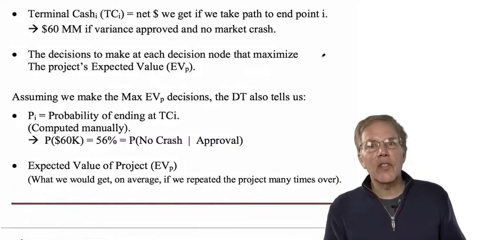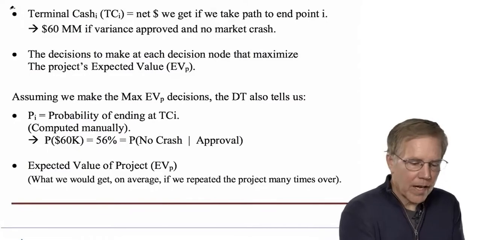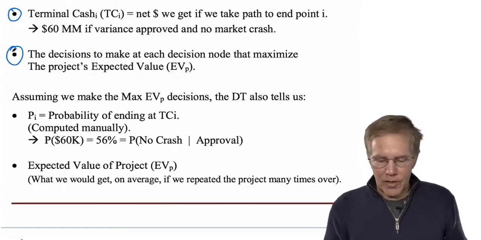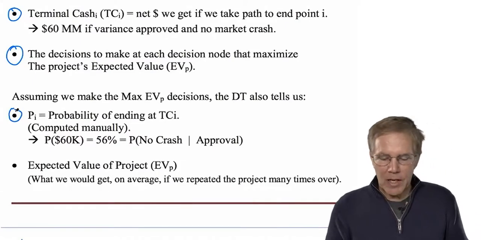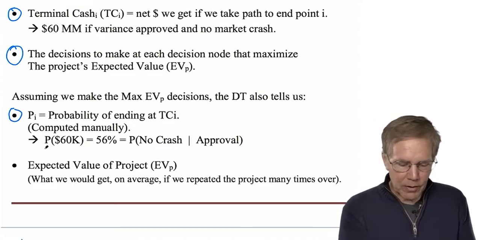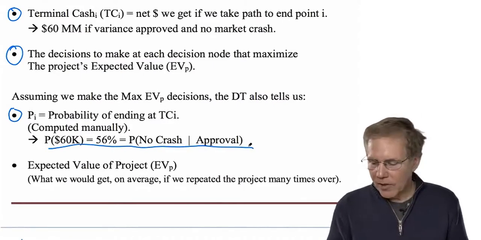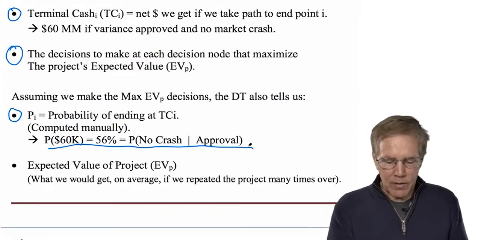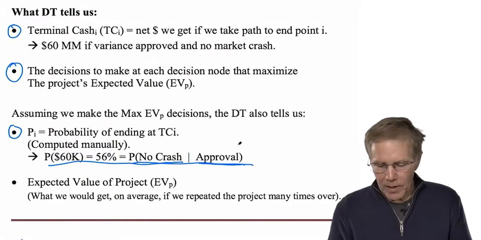It tells us the decisions that we should make to maximize the expected value of that tree. Okay, and assuming that we make those decisions, it also tells us, as I just showed, the probability of ending at any particular branch. And I've gone over how to compute, for example, our probability of getting 60,000, which is 56%, but let's just jump back up there and look at that. What that means is the probability of no crash given approval, okay?